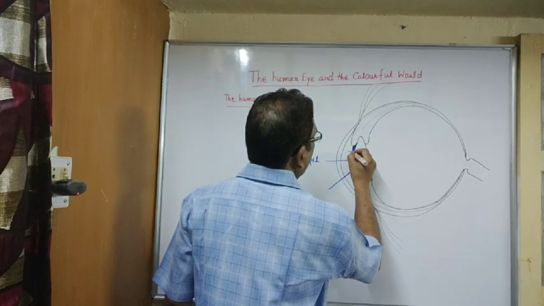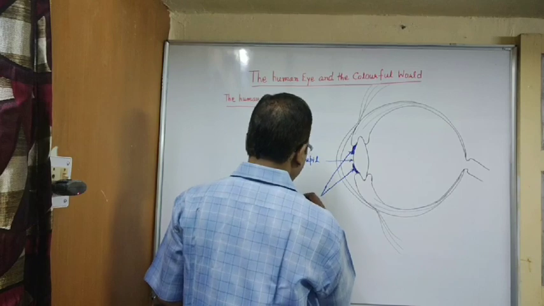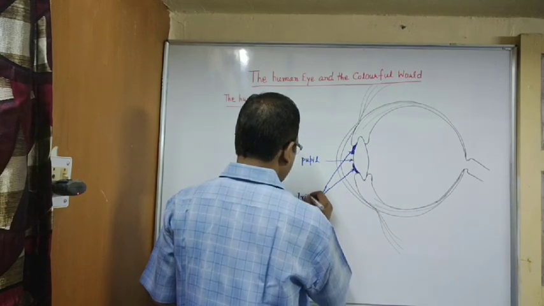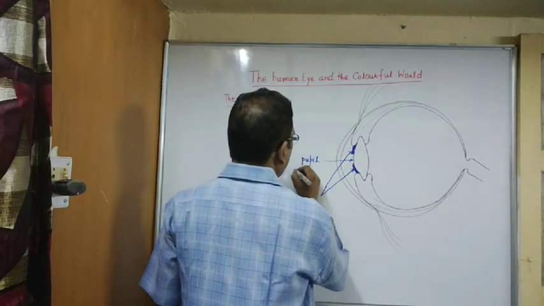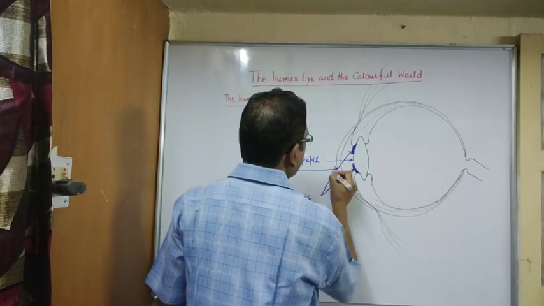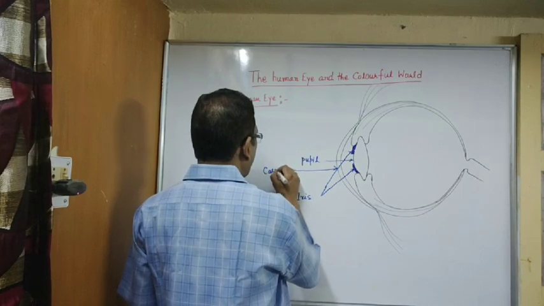And these dark muscles are known as the iris. The outermost portion of the eye, which is bulging outwards, is known as the cornea.